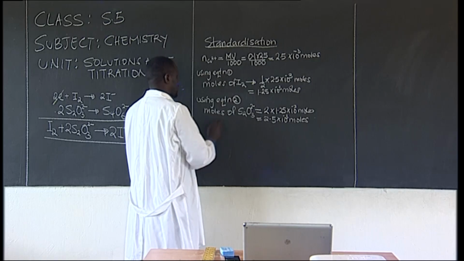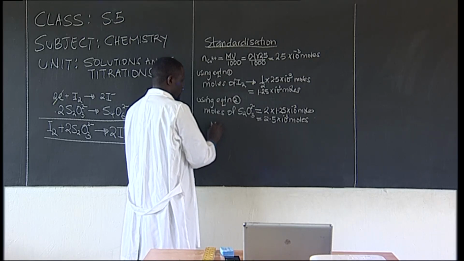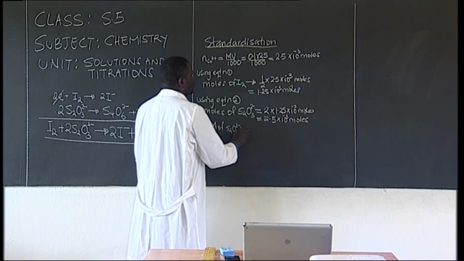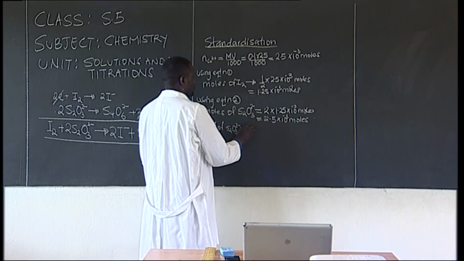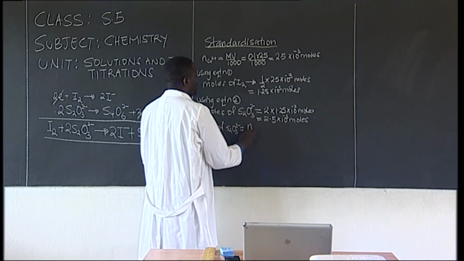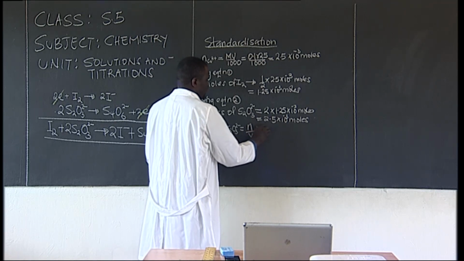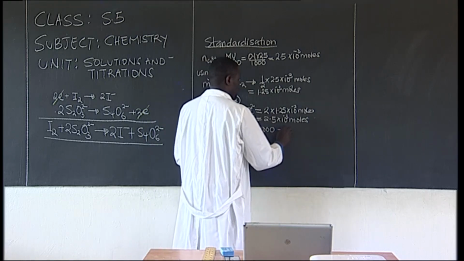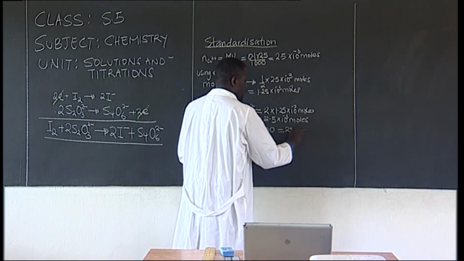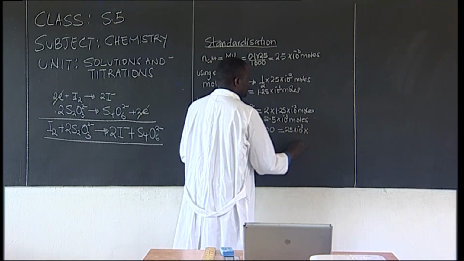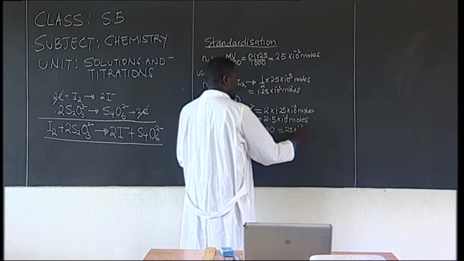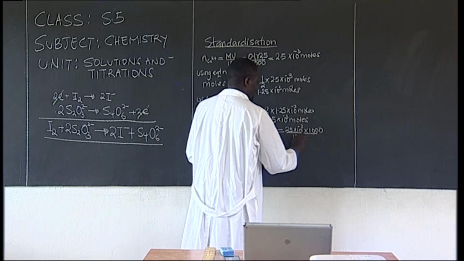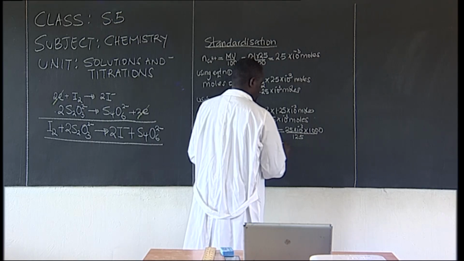We can use this equation again: molarity of sodium thiosulfate will equal number of moles over volume times 1,000. We substitute in here: 2.5 times 10 to the power negative 3, times 1,000, divided by 12.5, which is the volume of thiosulfate.